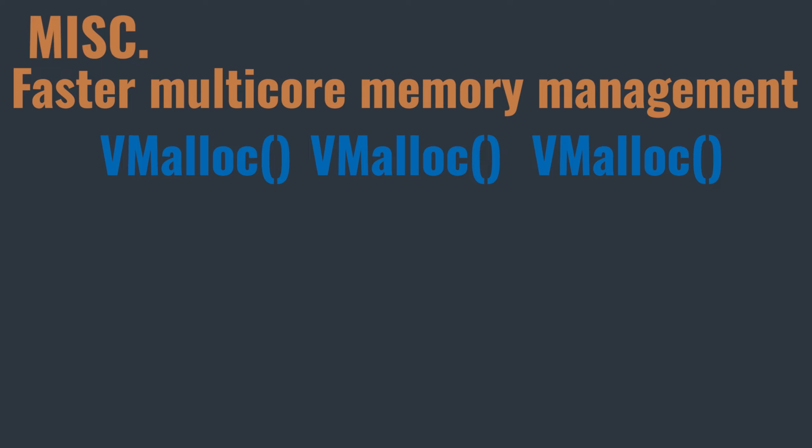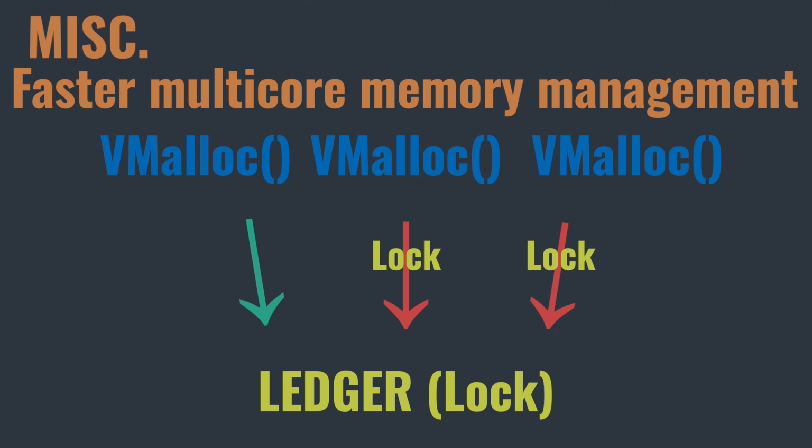The reason why is because vmalloc is to allocate more memory to your program, and you have one big ledger of all the locks of all the memory, and that one place gets really locked down when everybody calls it at the same time.